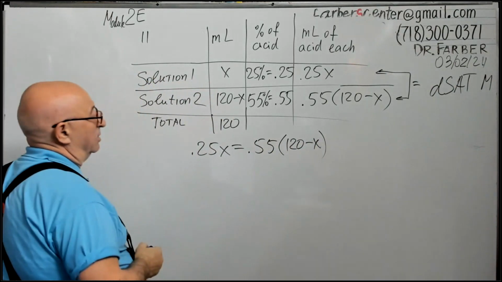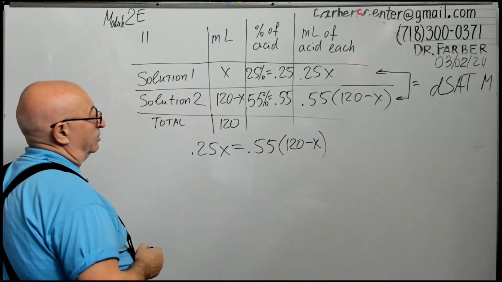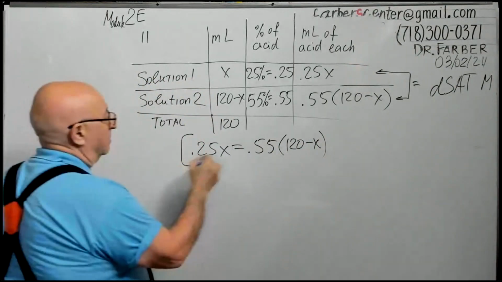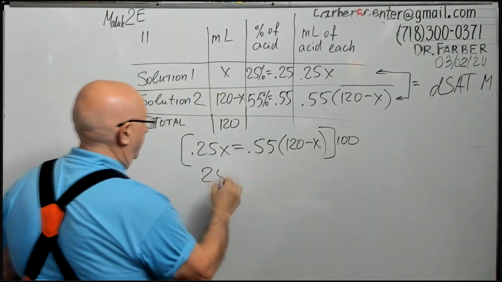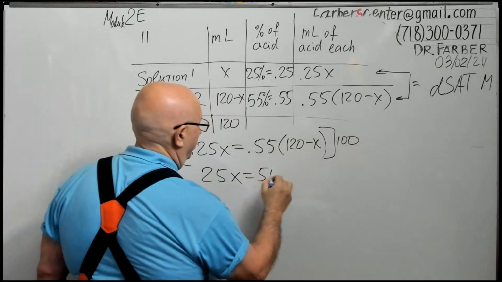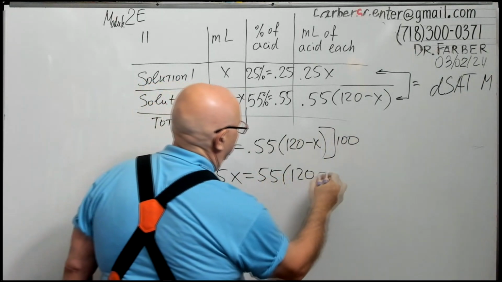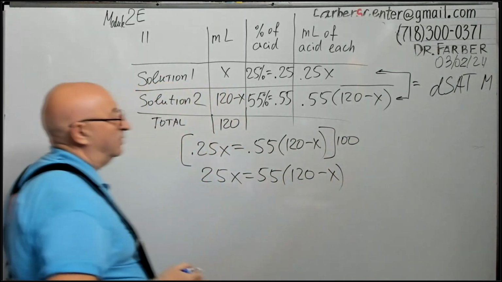My suggestion, you multiply by 100 both parts. By 100. You got simple equation, 25x equals 55 times 120 minus x. Solve the equation, find x.